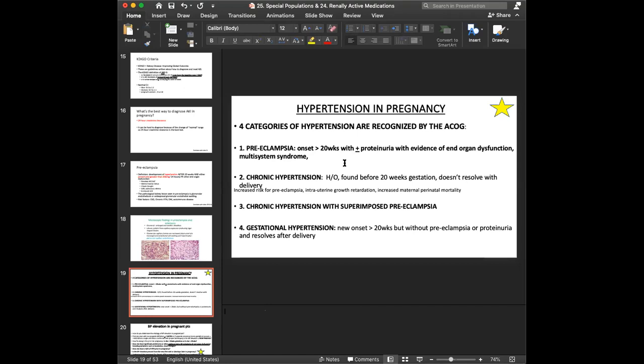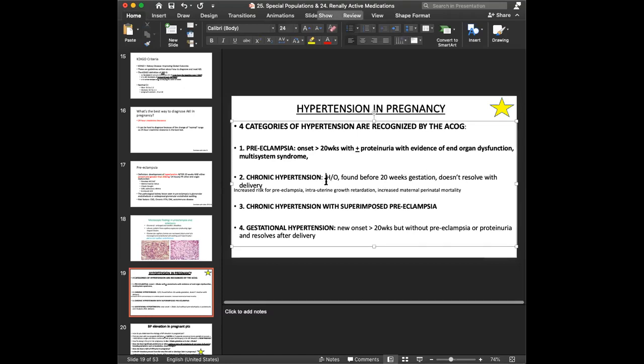So if it's found before 20 weeks and it doesn't resolve with delivery, chronic hypertension. They've got an increased risk of preeclampsia, but they could have preeclampsia with chronic hypertension, like they already had hypertension. So that's what makes this one chronic hypertension with superimposed preeclampsia.